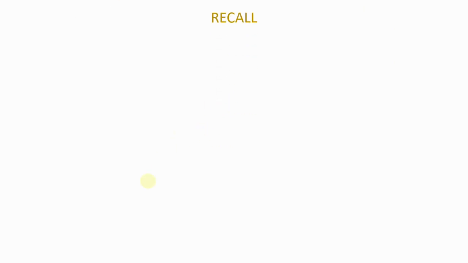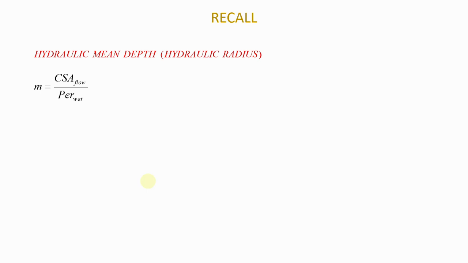First of all, I am going to begin with a reminder of some of the things that you know already. The first thing I'm going to speak about is the hydraulic mean depth, also referred to as the hydraulic radius. We use the letter M to refer to that, and it is equal to the cross-sectional area of the flow divided by the wetted perimeter. What do I mean by that? Let's say you have a pipe, and this is the cross-section of a pipe.